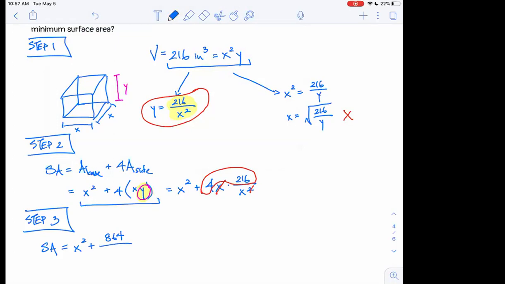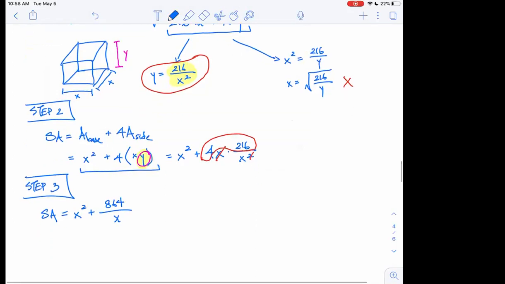That x that you still have left is on the bottom. Now, because I know I'm taking a derivative, like I've already planned out that I'm going to take a derivative and set it equal to 0, it's probably better for me to write it like this. That way I can see the power and use the power rule.